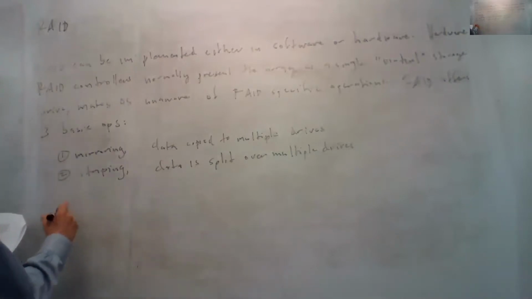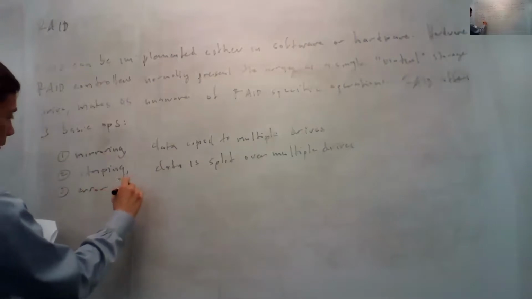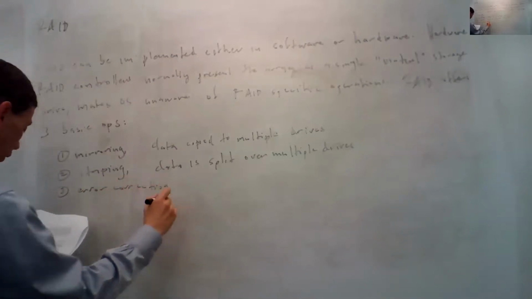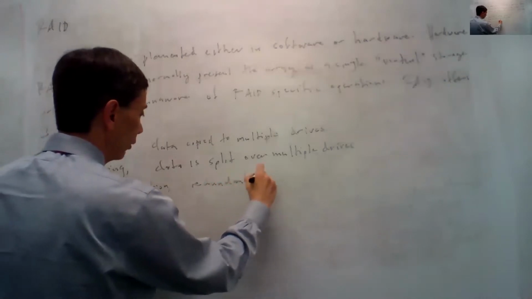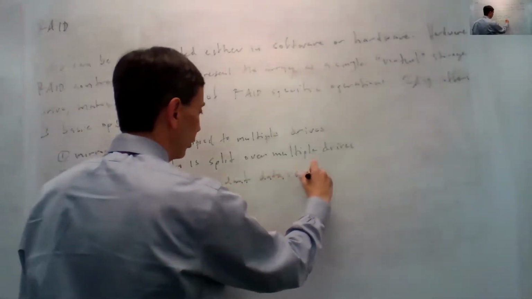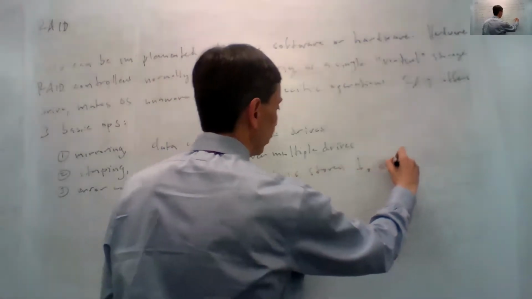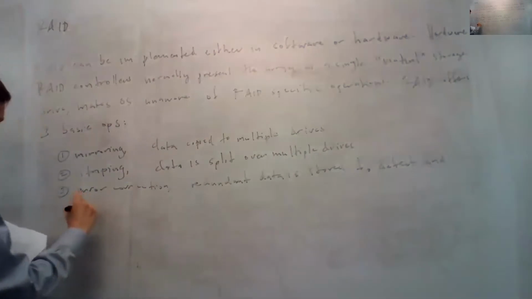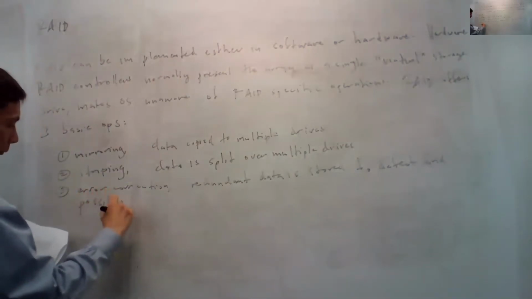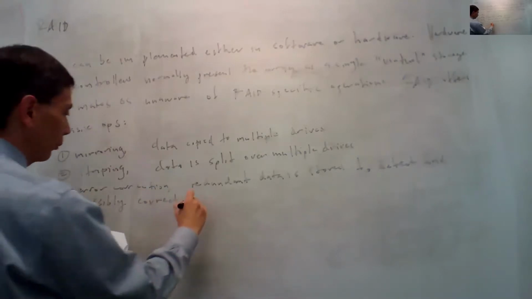And then the last operation is error correction. Redundant data is stored to detect and possibly correct data corruption.